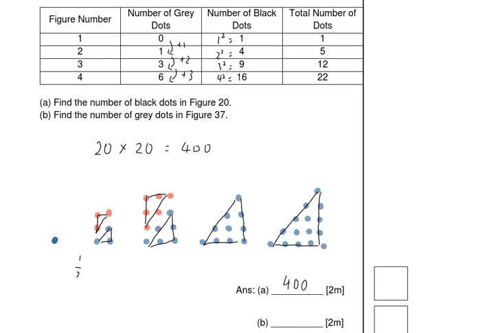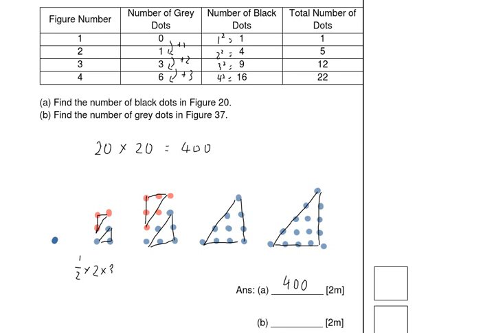Half times base. Here you can see the base is 2 units and the height is 3 units. Can you see 2 dots and 3 dots? 1, 2, 3. So you see, half times 2 times 3, you get 3, which is 3 of the blue dots or 3 of the red dots. The same thing happens here.